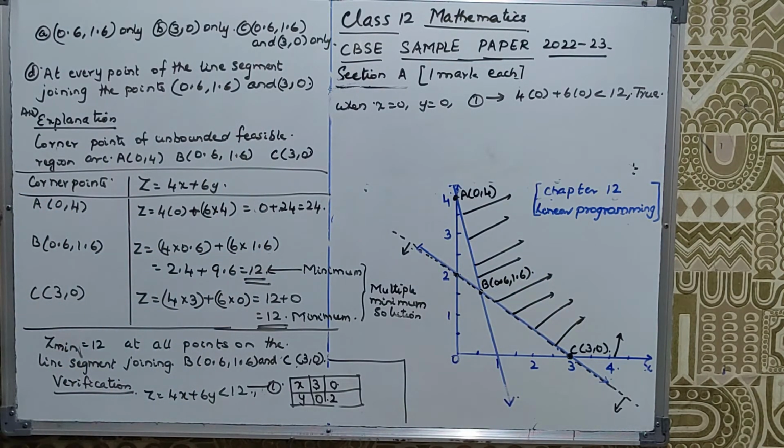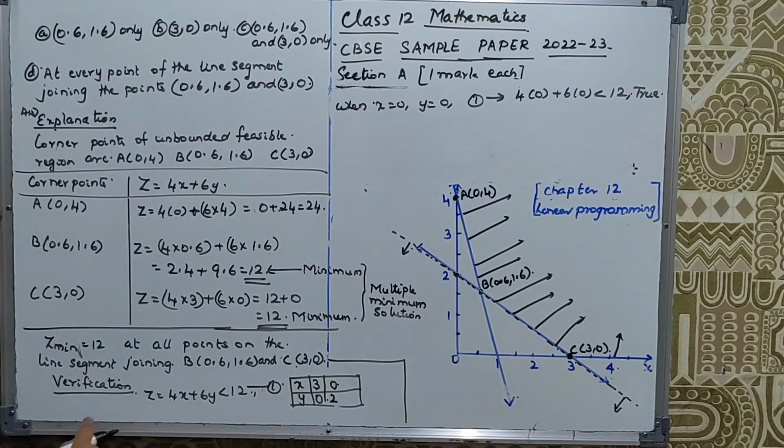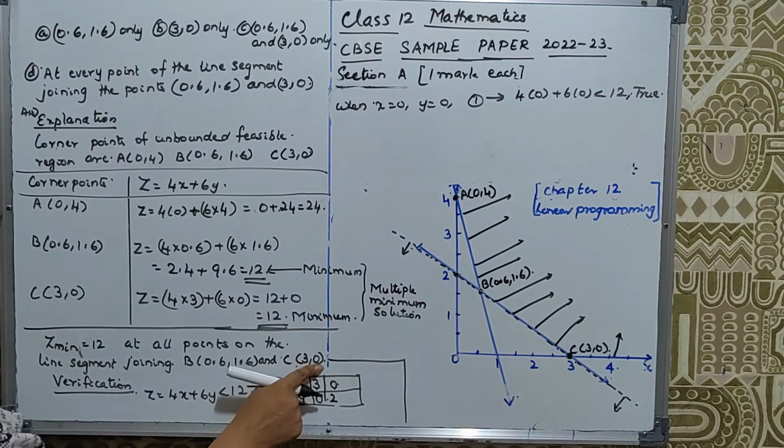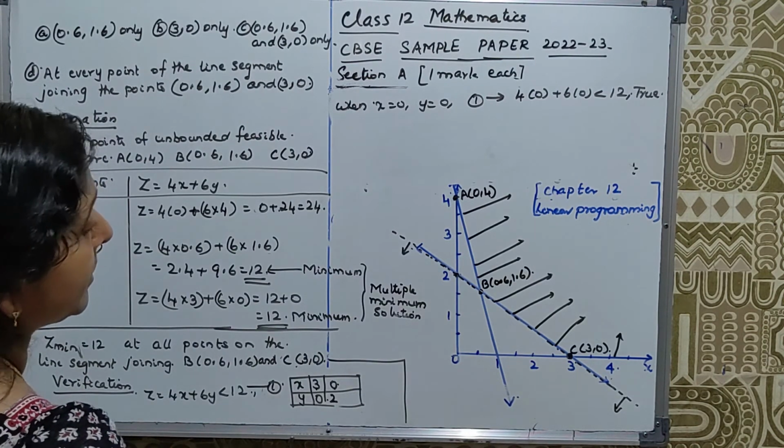So since it is not a common point with the unbounded feasible region, we consider that. Thus, at all points on the line segment joining B (0, 6), (1.6) and C (3, 0), Z will be minimum.